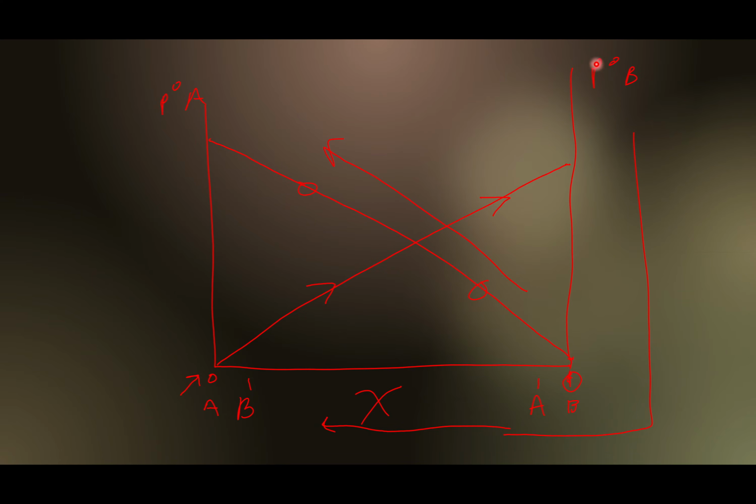If we're looking at the pressure of B, if the mole fraction of B is 0, that means no amount of B is there. We're going to have that pressure increasing as we move to a mole fraction of 1. So what we're looking at is two separate graphs, and we'll just put them together.